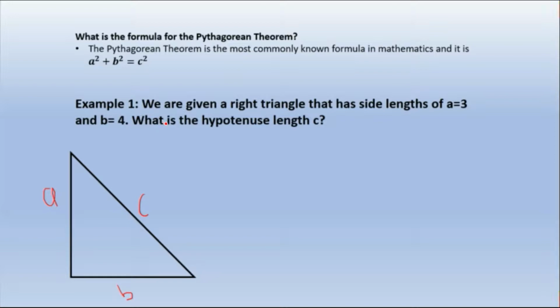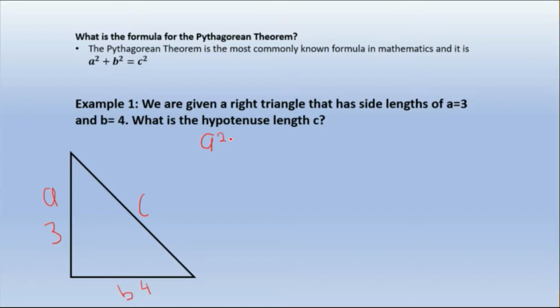So in example 1, we're given a right triangle that has side lengths of a equals 3, b equals 4, and we need to find what c is. So what is the hypotenuse length of c? Alright, so let's write out our Pythagorean Theorem.